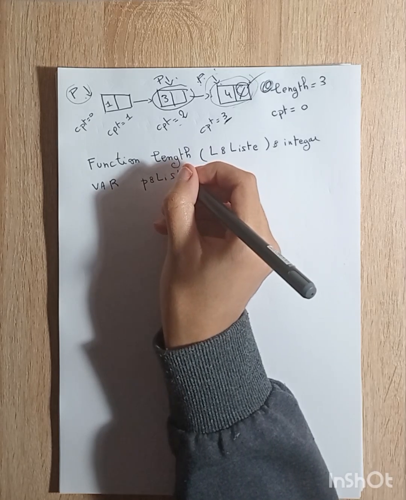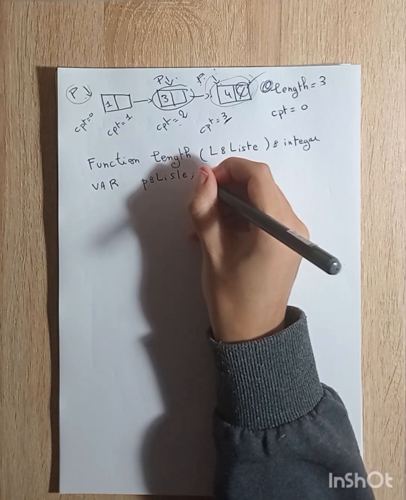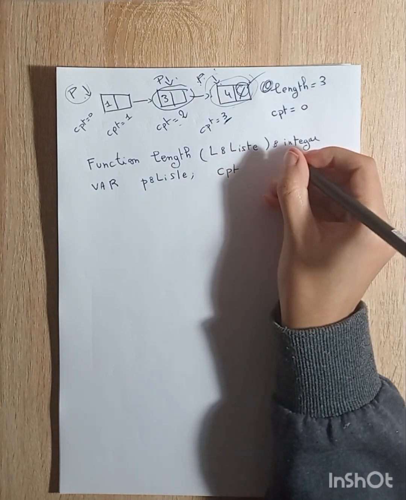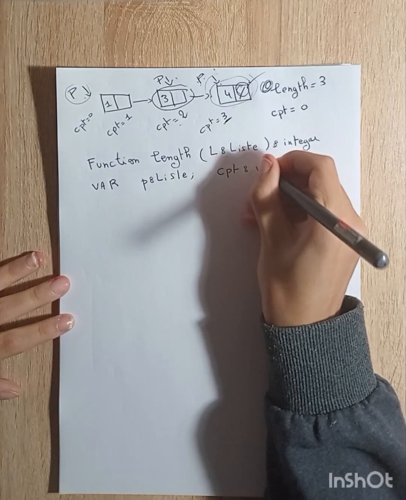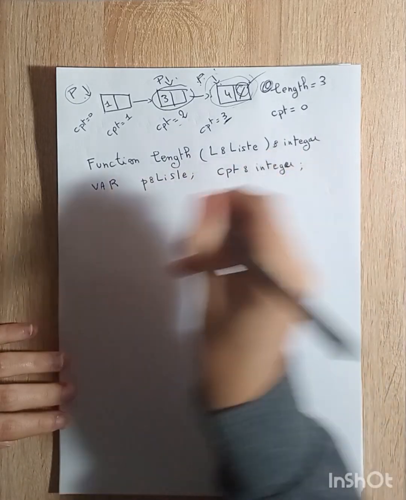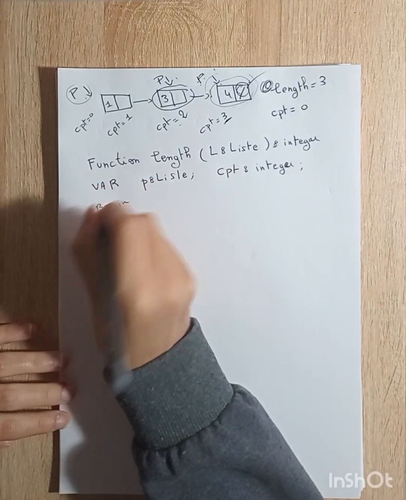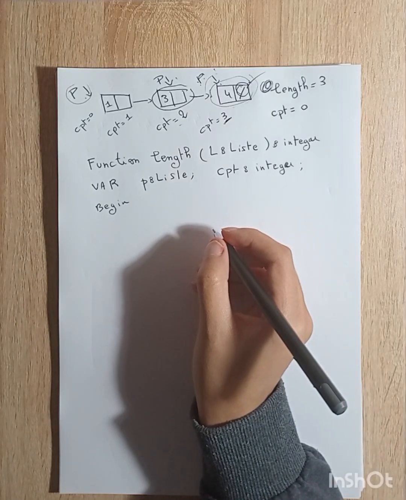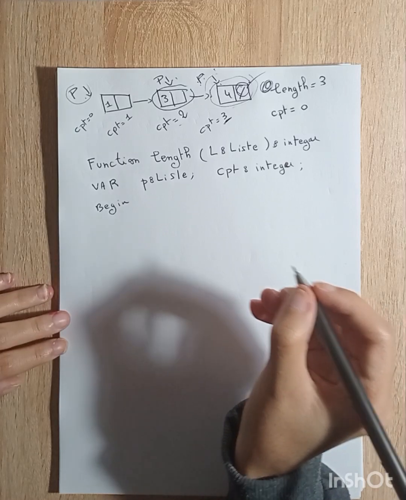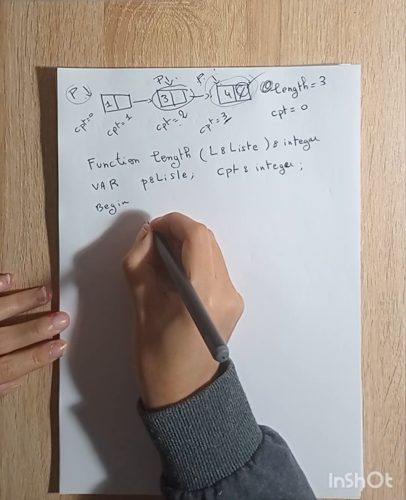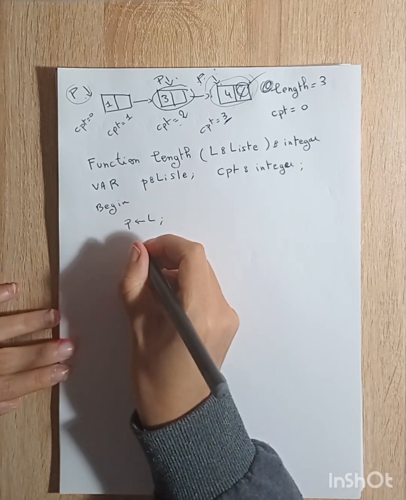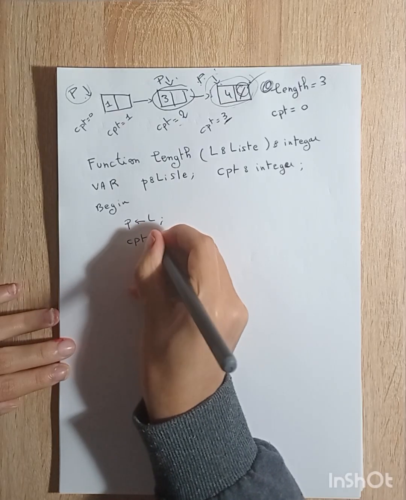And then what do we have? We have the counter. We begin. Put P at the head, and the counter is 0.